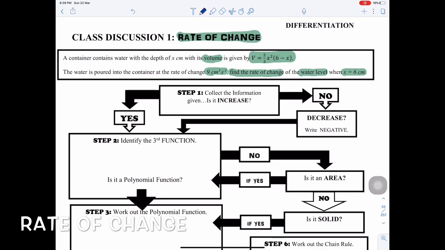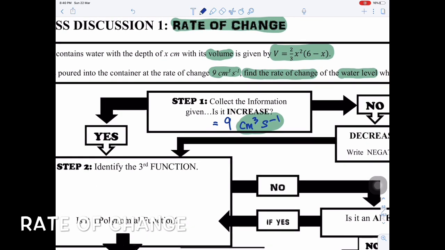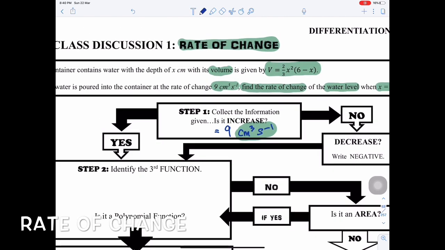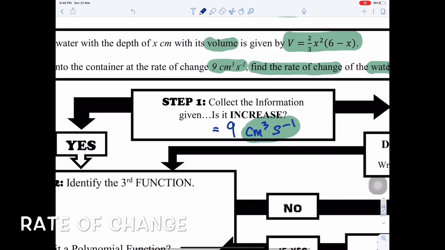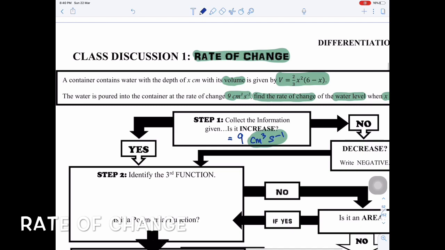From here we can see that 9 centimeter cubic per second. As you can see, the unit of the water is 9 centimeter cubic per second. The unit is important for you to determine the rate of the water level.